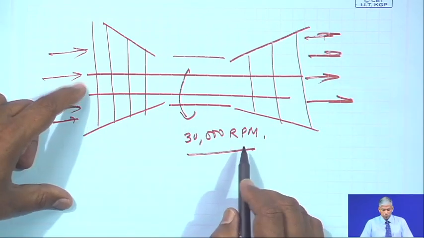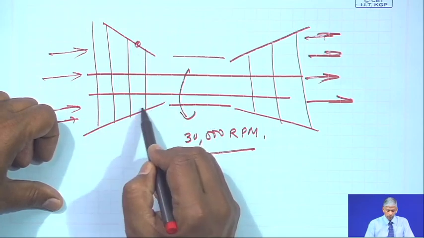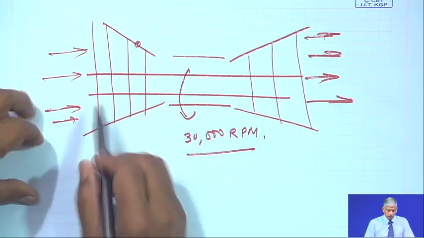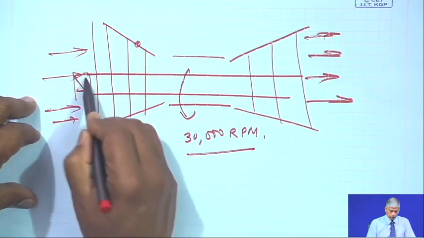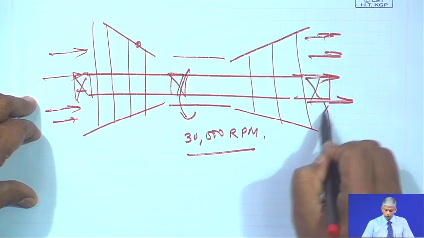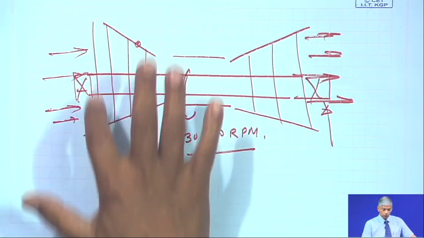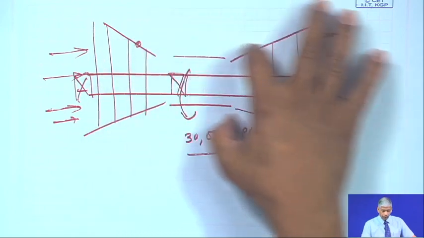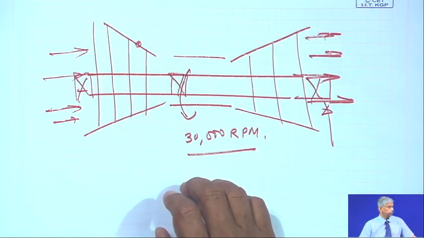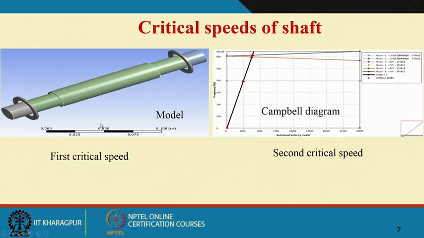So, this has many critical speeds. If one set of critical speed is hit, there will be a rub here. So, there will be an instability, and they are supported on bearings. So, one has to design the bearing stiffnesses and damping so that these amplitudes are within limits.